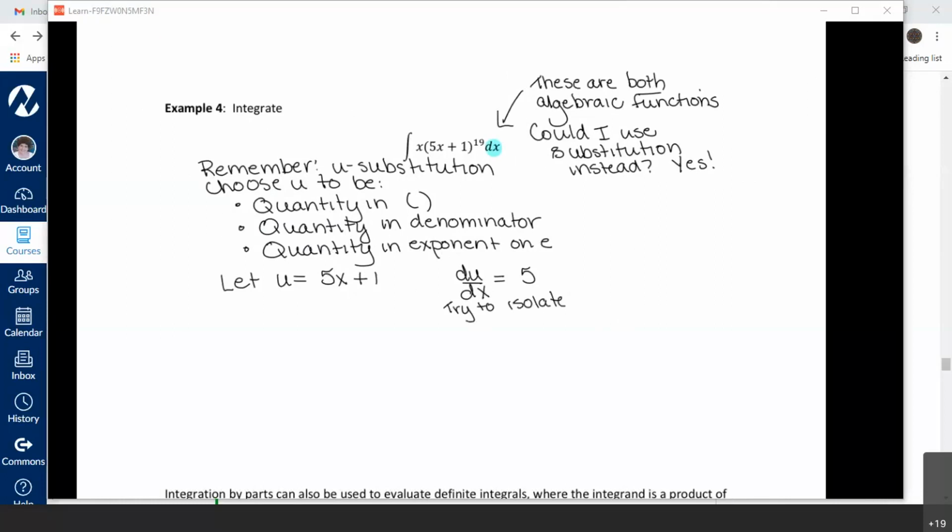I'm going to multiply both sides by dx. That cancels out on the left. I get du equals 5 dx, and then all I have to do to get dx alone is divide by 5, which of course I'm going to write as 1/5 du equals dx.